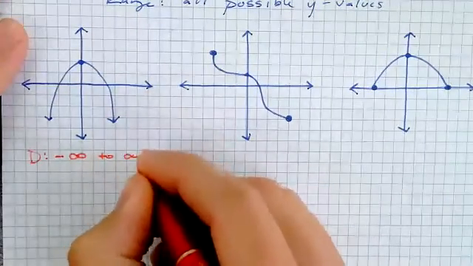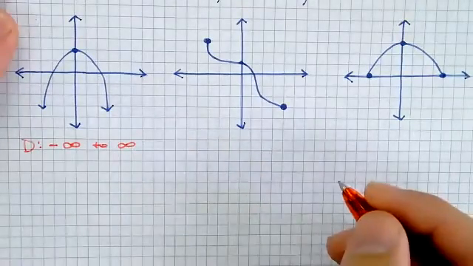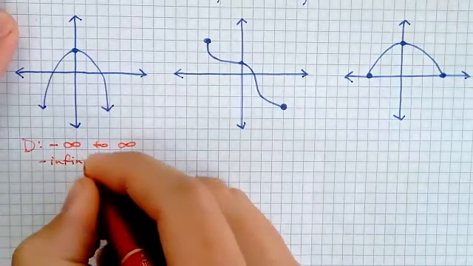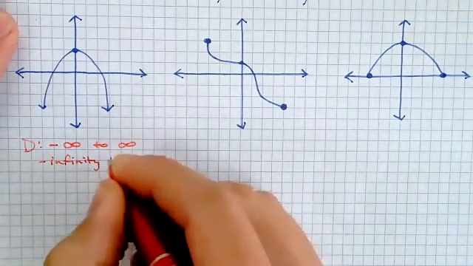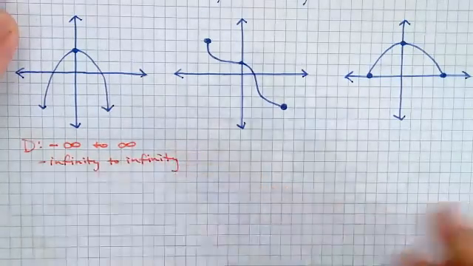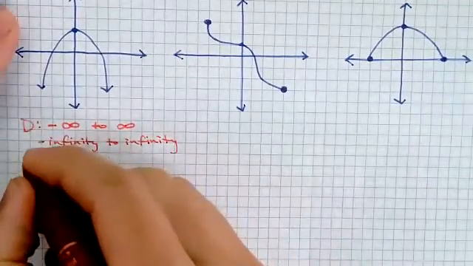Furthest value to the right, +infinity. Also write it out like that. Remember, those are just the symbols for infinity.